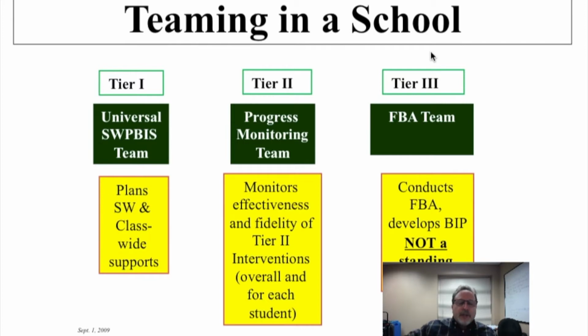So let's take a look at teaming on the behavior side of the triangle at tier 1, 2, and 3. It is like we've been talking about. It's good to have a team that is intact, that can look at the school-wide system, and be looking at data on a regular basis from that school-wide system to identify students that may need a tier 2 intervention.